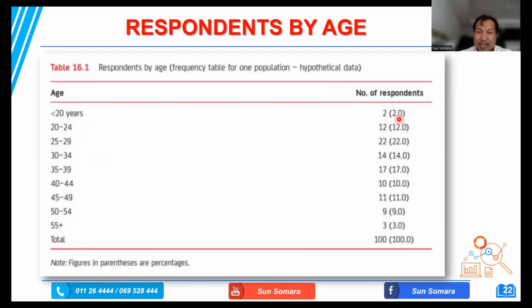And the percentage in the brackets is the percentage that they responded. So totally about 100. If they answer 2, it's only about 2% of that part, right? So totally 100% there.